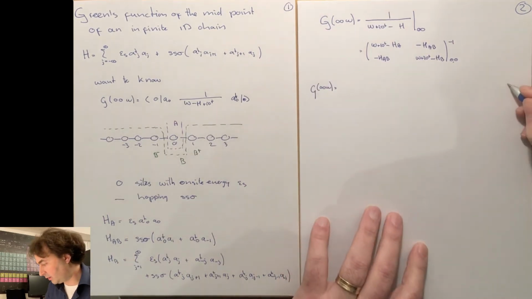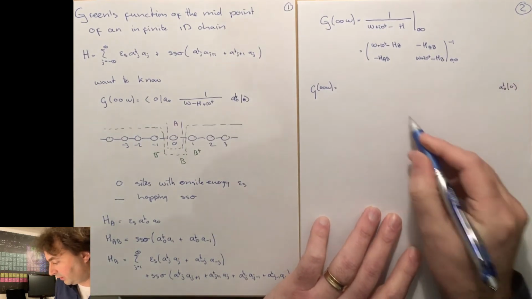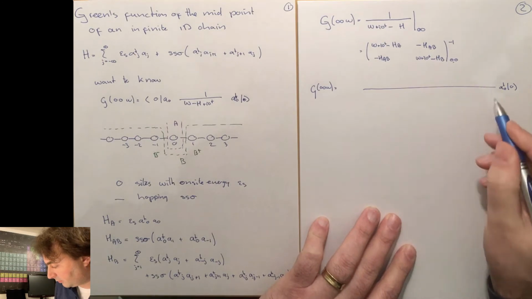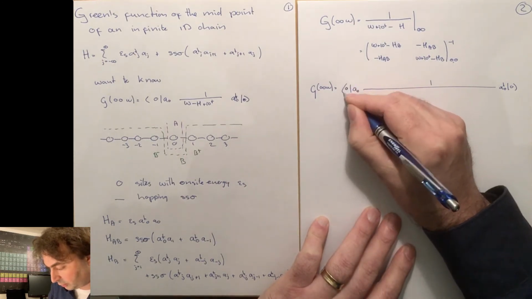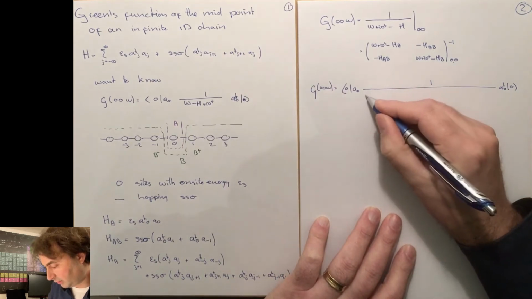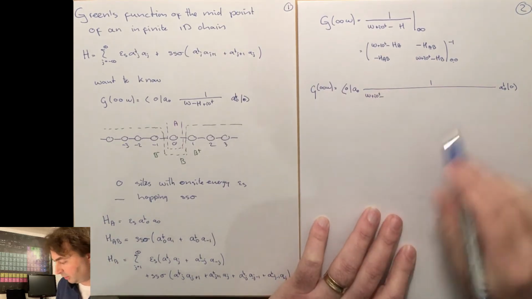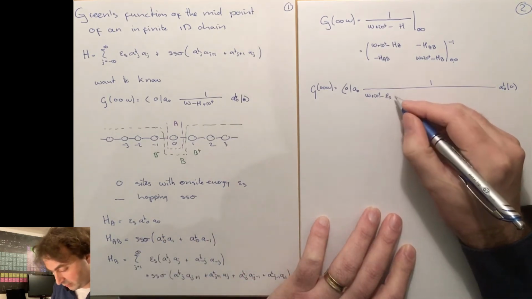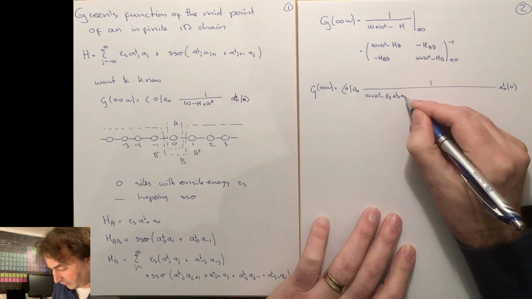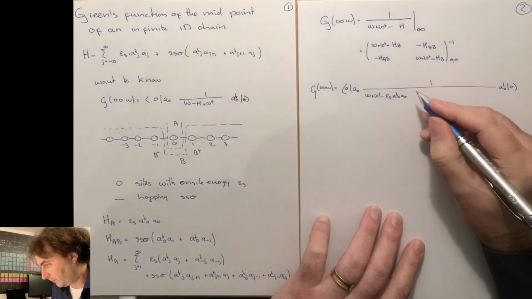We can write this out. We have state 0, we create a particle, and then we annihilate it again, and you go back to the vacuum, and we have omega plus i0 plus minus the propagation in A, which is epsilon s, A dagger 0, A 0, which is the Hamiltonian that governs the dynamics.